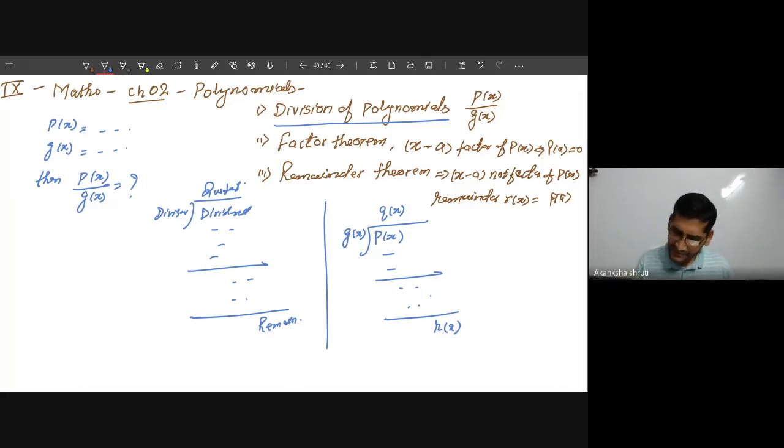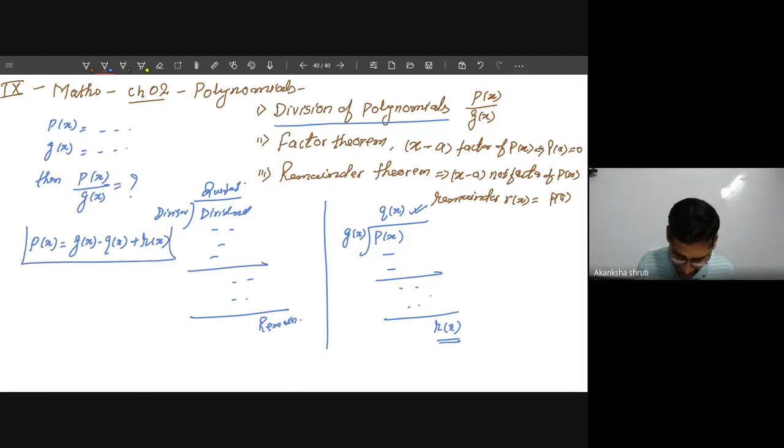The same applies to polynomials: the dividend p(x) can be written as the divisor g(x) multiplied by the quotient q(x), plus the remainder r(x).